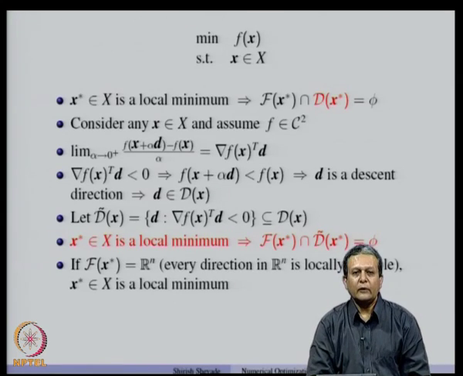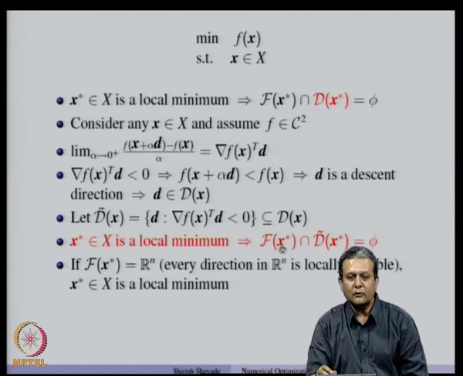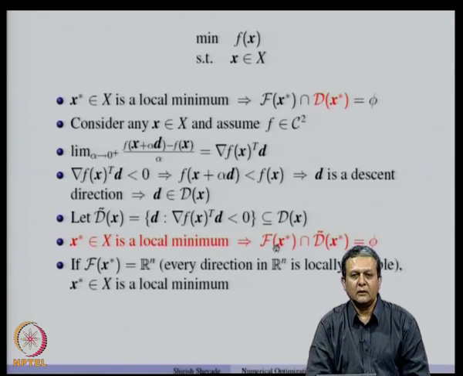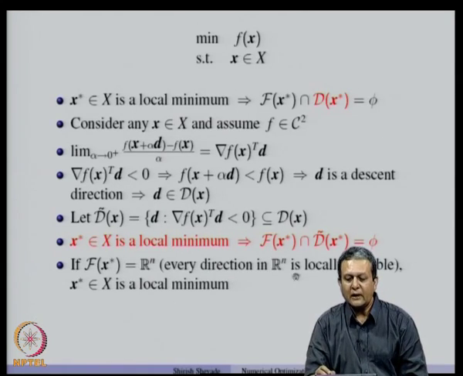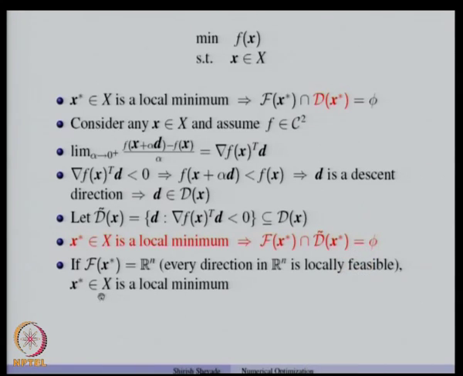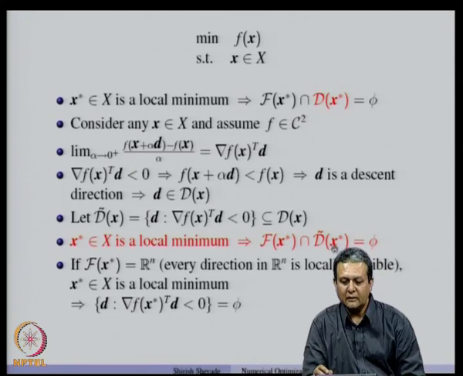Now, if we consider F of x star to be R n, that means that every direction in R n is locally feasible. Then x star belonging to X is a local minimum implies that this set has to vanish, because if this set is R n, then the D tilde x star should be a null set.